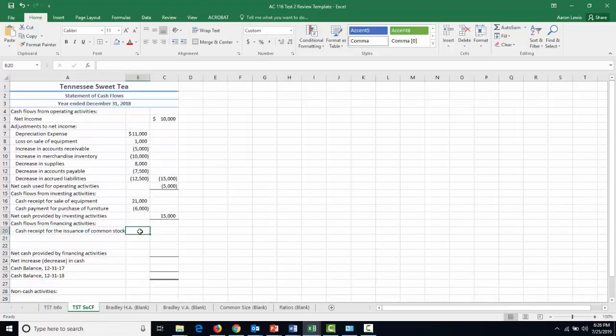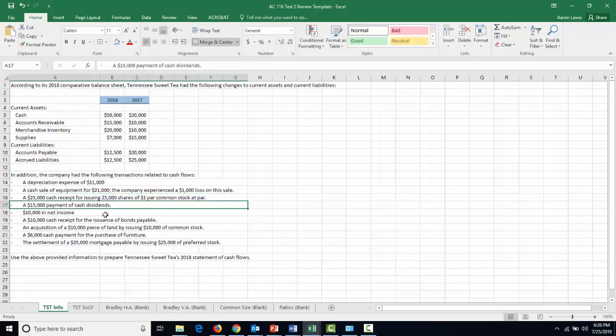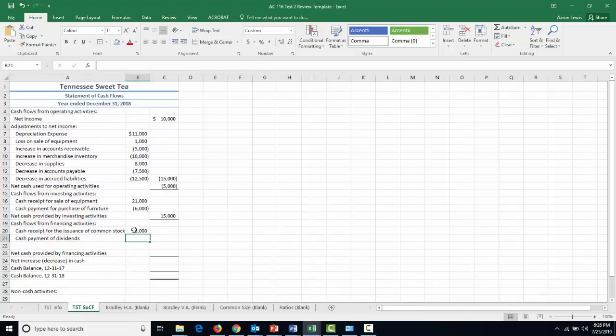Since we are the ones issuing the stock and therefore taking in the money, we're going to put that in as a positive number. We had the cash payment of dividends, and the cash payment of dividends totaled $15,000. Since we're paying the dividends out of the company, it's going to decrease our cash flow from financing activities, so we'll put that in negative.